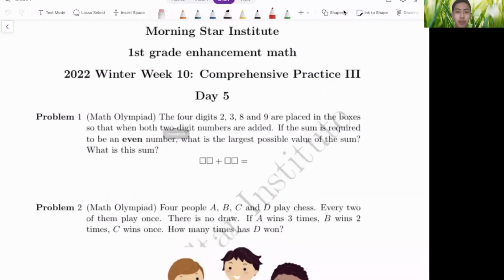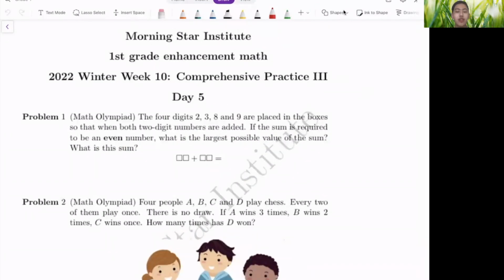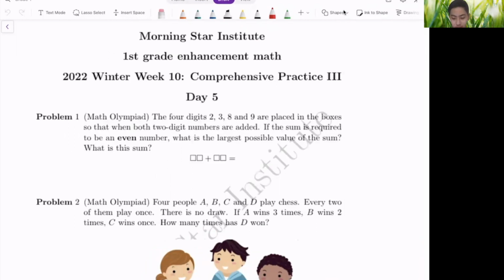Day 5. Problem 1. The 4 digits 2, 3, 8, and 9 are placed in the boxes so that when both 2-digit numbers are added, if the sum is required to be an even number, what is the largest possible value of the sum? So let's solve this question first. So we are given the digits 2, 3, 8, and 9.